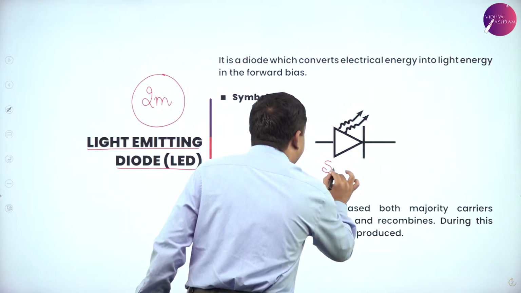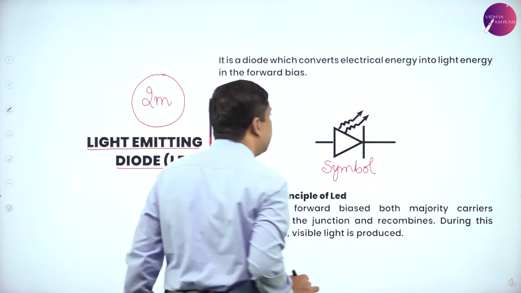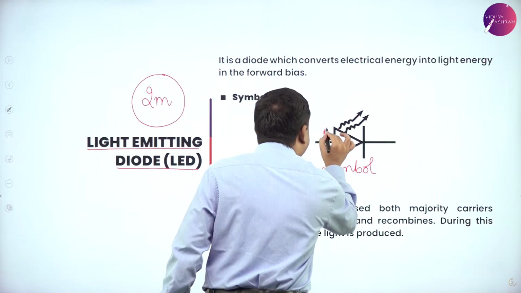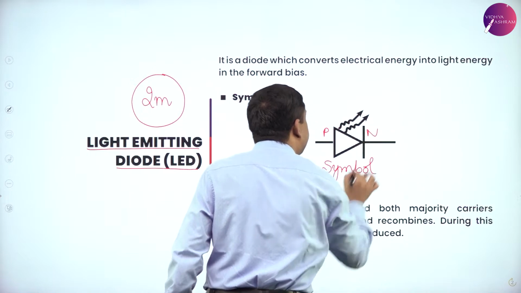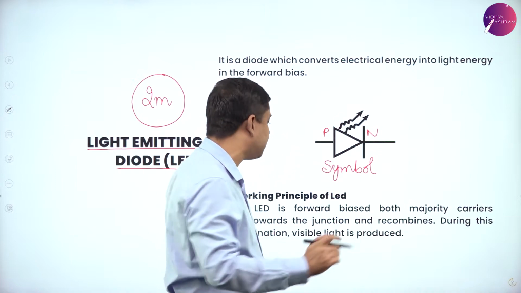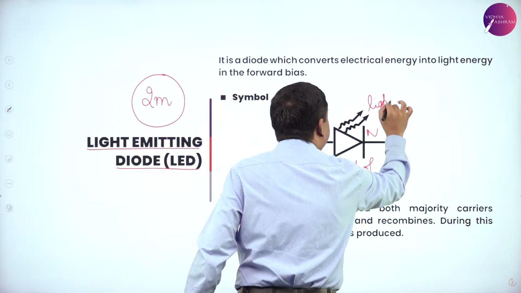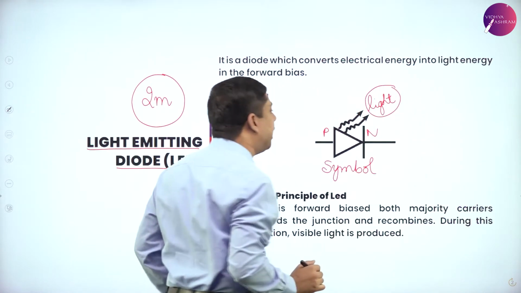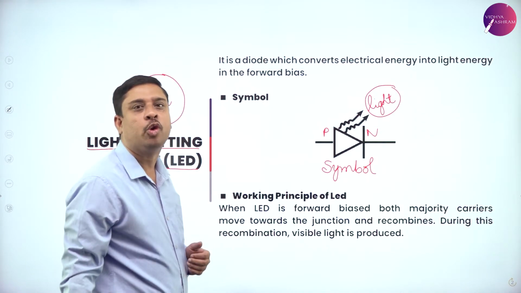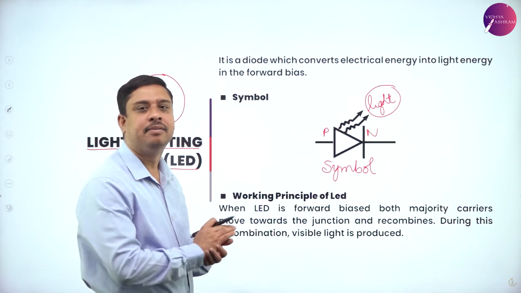So this is the symbol of a light emitting diode. P-type material, N-type material, and very clearly you can see light is emitted by this diode. Therefore, it is called light emitting diode or LED.